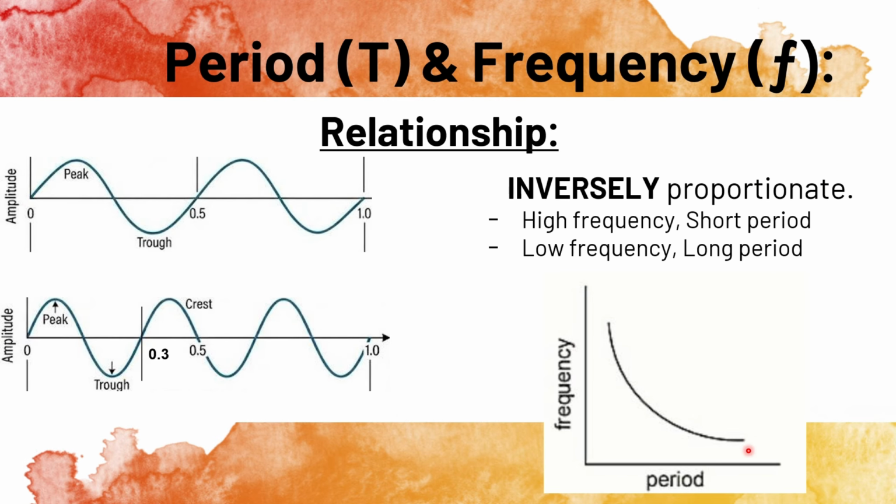And then the lower the frequency is, the longer the period is going to become. But the hyperbola is only going to approach 0, but it's never going to be equal to 0 or cross the 0 line. That is because if the period is ever equal to 0, or if the frequency is equal to 0, it means that no wave is existing.